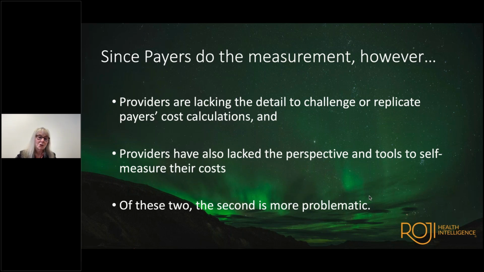What this really leads to is that providers lack the perspective and tools to self-measure their costs. They don't really know how to do it, how to start it, and that's the more important problem that we have going forward. And thus, the reason why we need some tool like the APP to get us on a track of cost control.